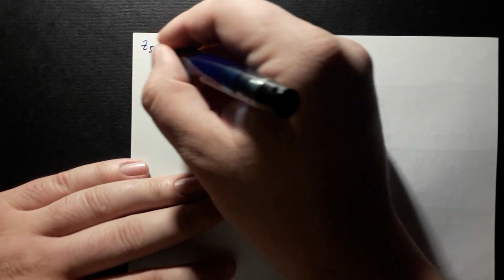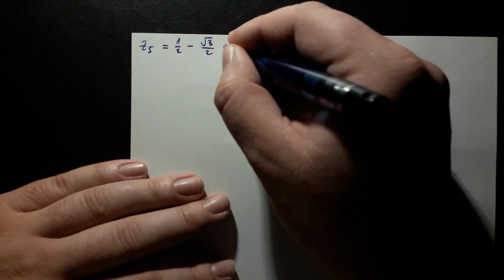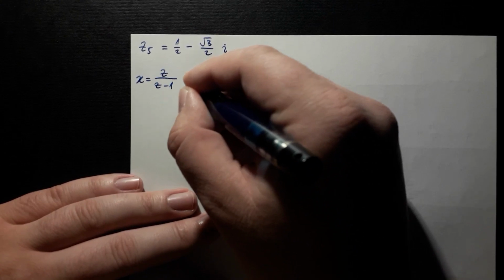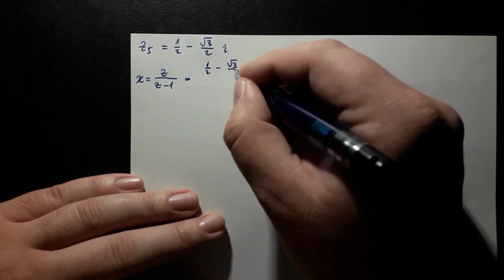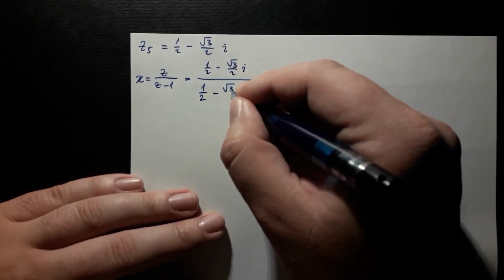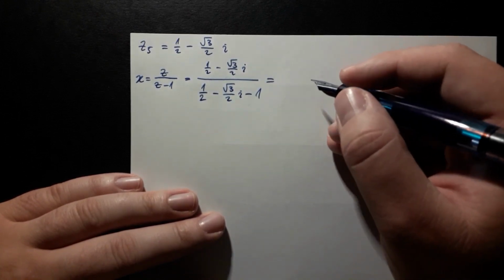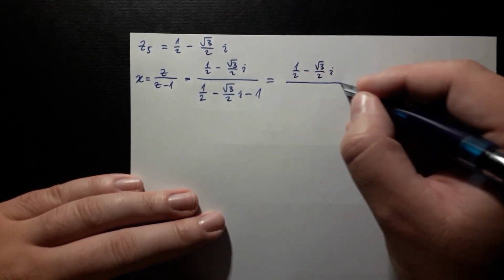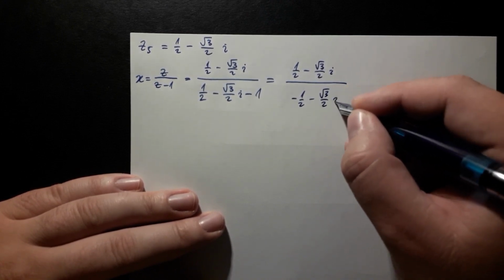For z5 equal 1/2 minus square root of 3 over 2 i, we get that x is equal to z over z minus 1, which is then equal to 1/2 minus the square root of 3 over 2 i divided with 1/2 minus the square root of 3 over 2 i minus 1, which is then equal to 1/2 minus the square root of 3 over 2 i divided with minus 1/2 minus the square root of 3 over 2 i.